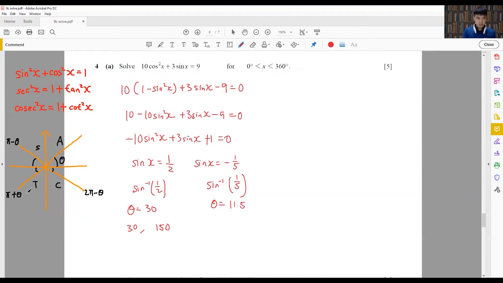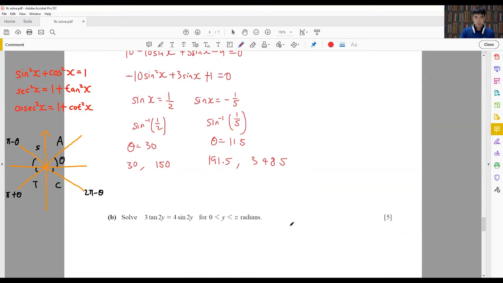To find the answers, it is either 180 plus your answer, so 180 plus 11.5, which gives 191.5, or 360 minus 11.5, so the second answer is 348.5. And that's how you get your 4 answers for this first part.